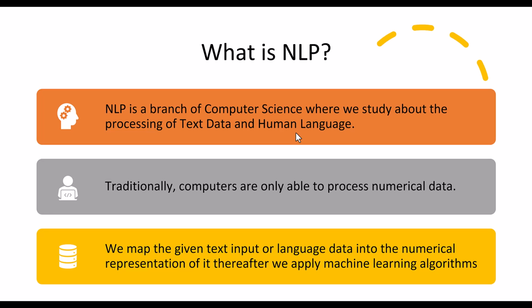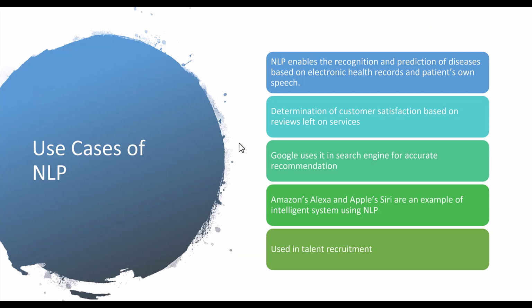But nowadays, NLP models are able to process text data due to the conversion of text data into a numerical format. The process of converting text data into numerical format is known as embeddings and encodings. And NLP is a branch of computer science where we study text data and human language.